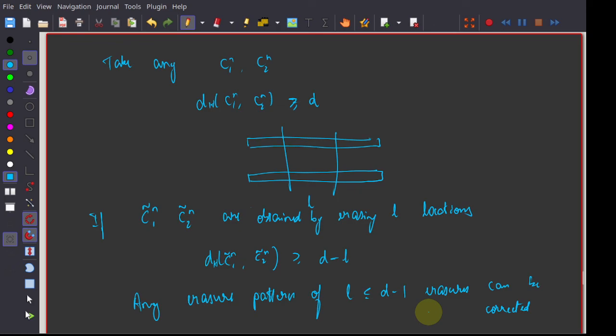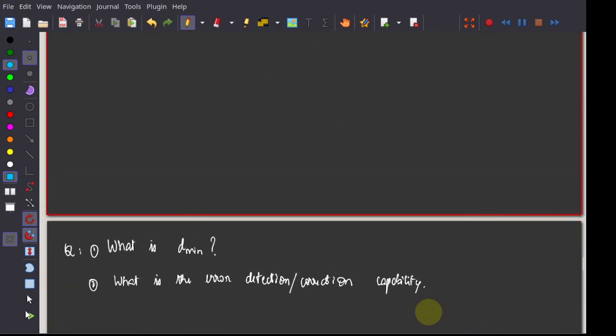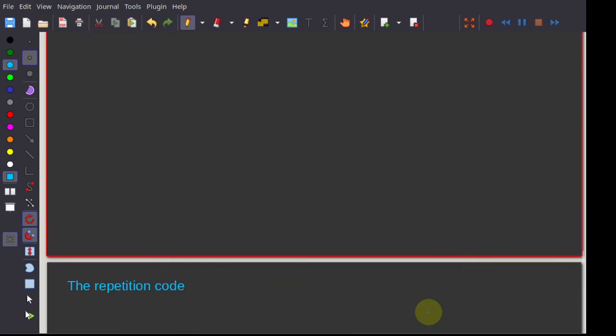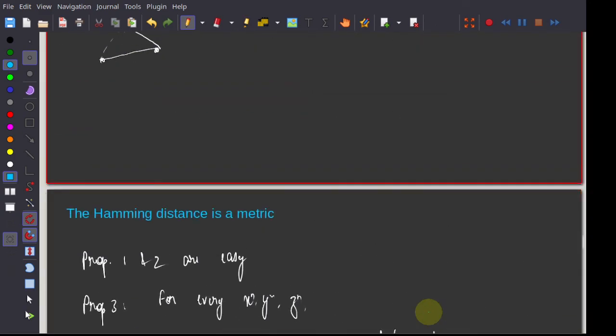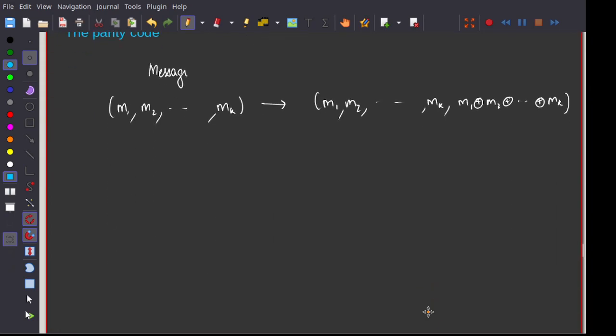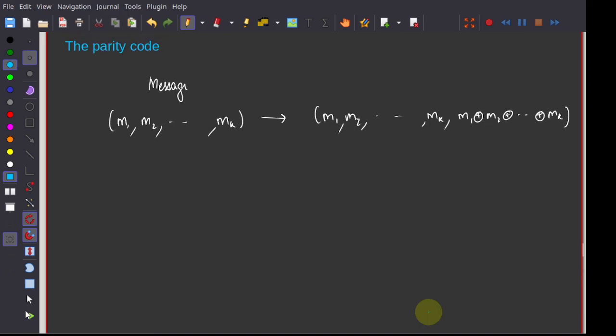Okay. So before we wrap up, here are a couple of examples of codes. We've seen some toy examples in between, but here are some general, very simple codes, which are also used in practice. One is the parity code. You have a sequence of k bits.